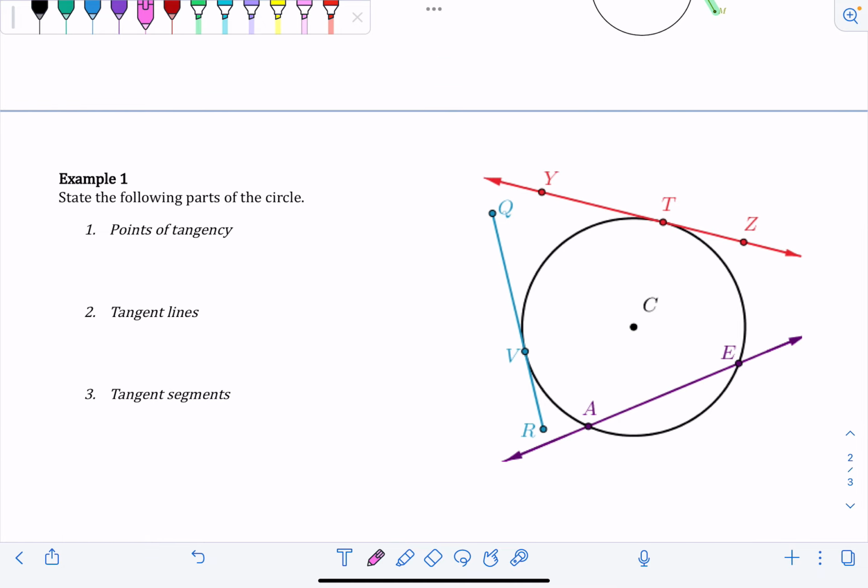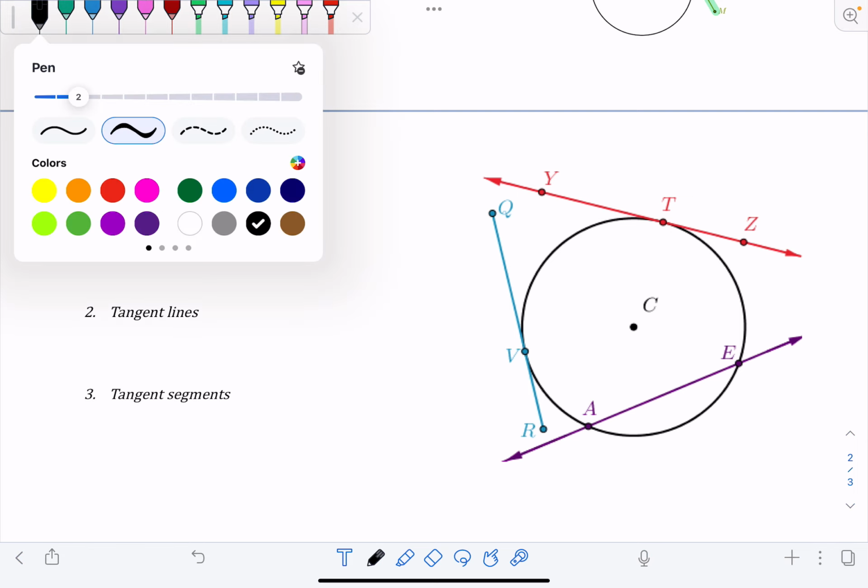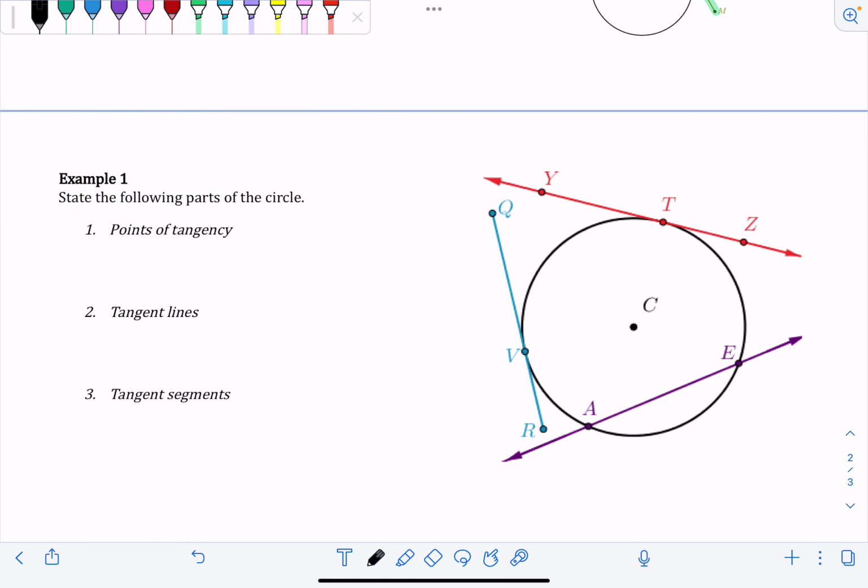Okay, example 1, state the following parts of the circle. We're going to state first the points of tangency. Those are the points where our lines or segments are just barely touching the circle. Before we find them, it would be a good idea to get in the habit of this: if you are looking for tangents specifically and you see a line that is crossing through the inside of the circle, you have to disregard that line.